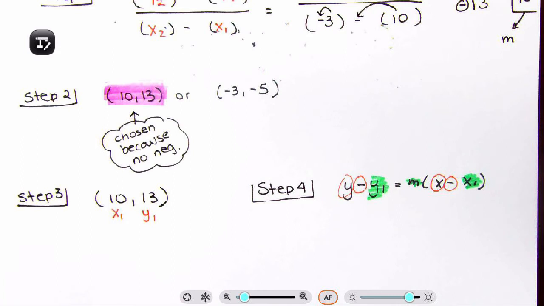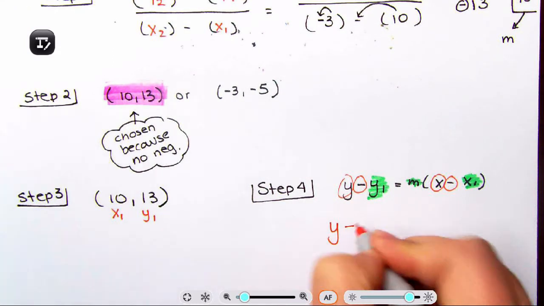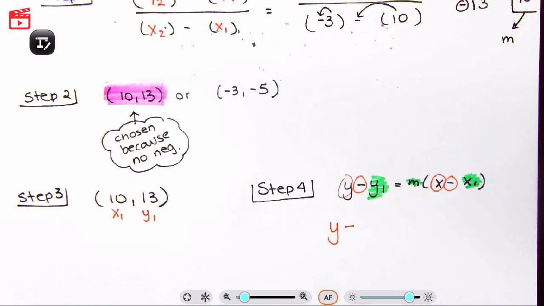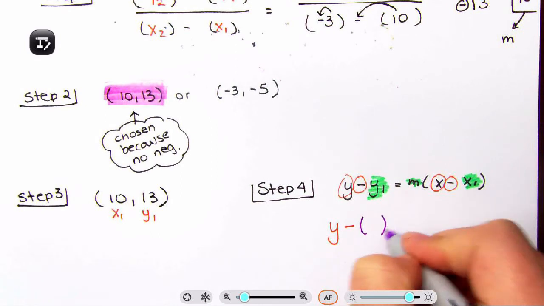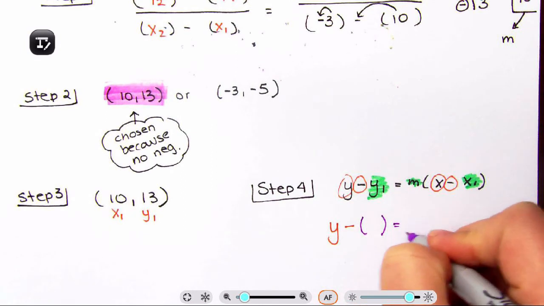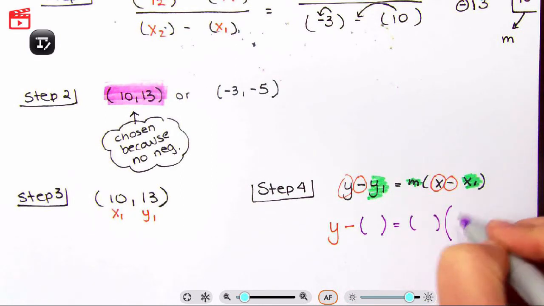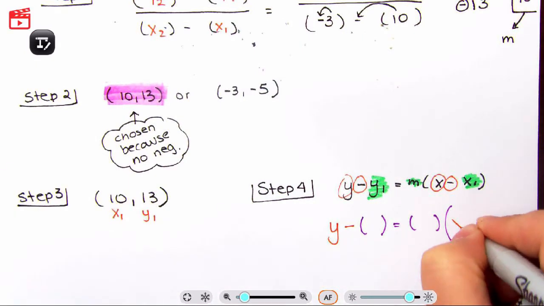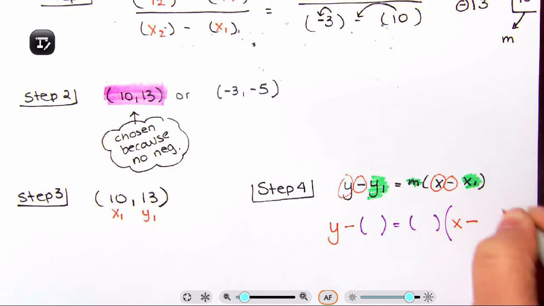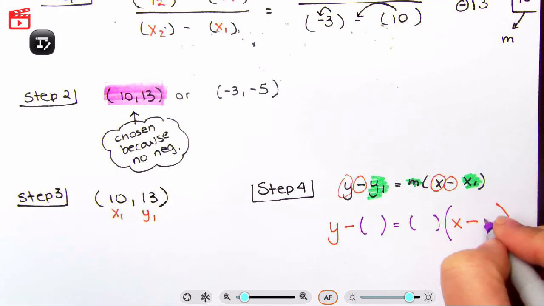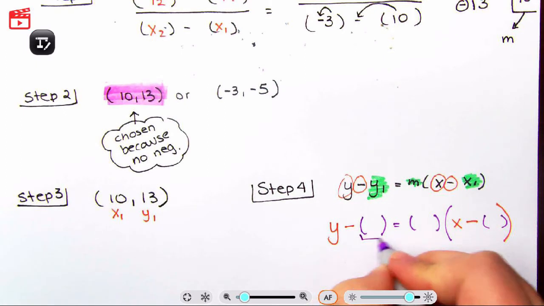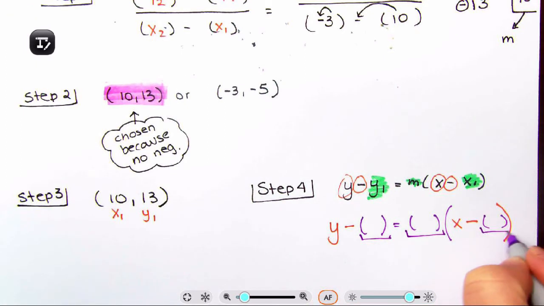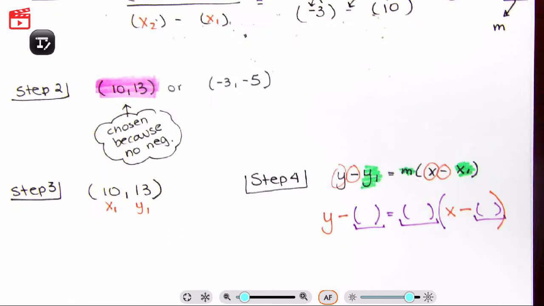So how does it look? This looks like y minus bubble equals your slope, and then we have our keep, change game. Keep, change. You can put lines if you want instead of bubbles.